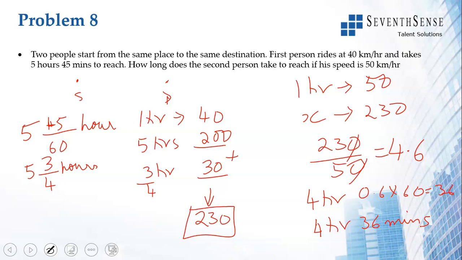So similarly, what is 0.6 of an hour? You multiply that by 60, because 1 hour is 60 minutes. 0.6 hours is how many minutes? You multiply 0.6 into 60. You get 36. So it is 4 hours 36 minutes that the second person takes, which is accurate because you do not need to specify the time. It just says how long. So 4 hours 36 minutes is the answer.